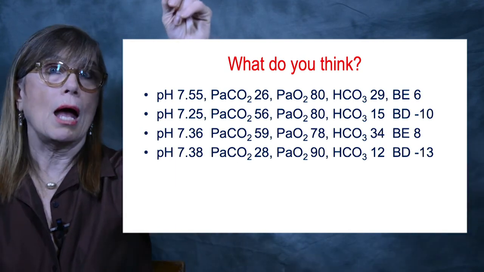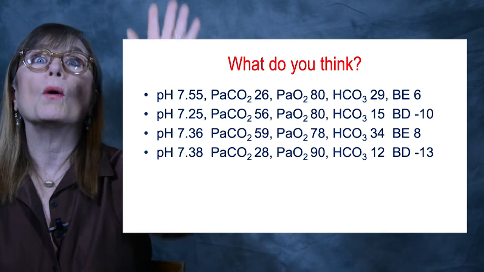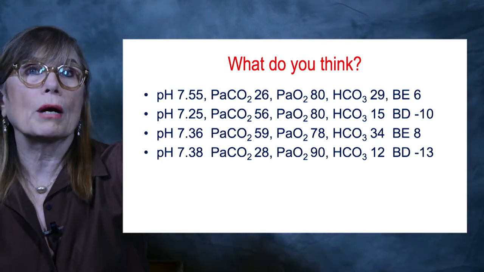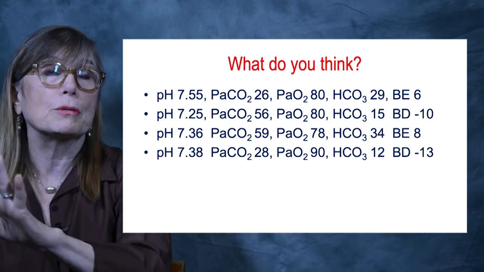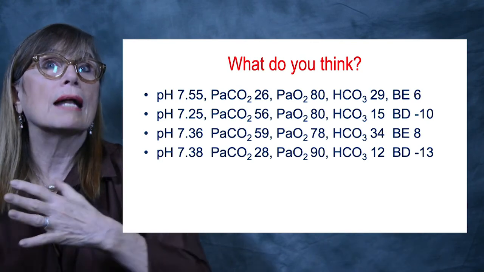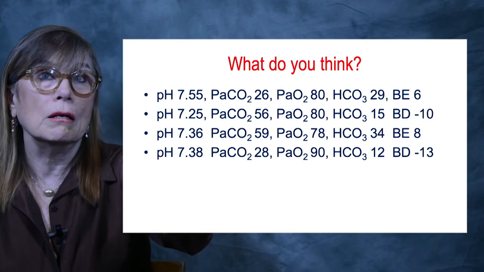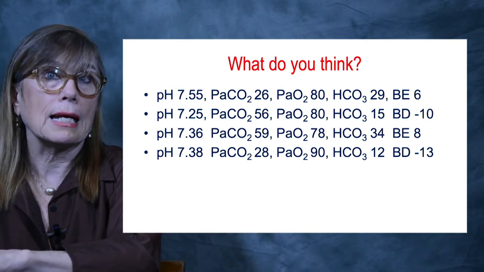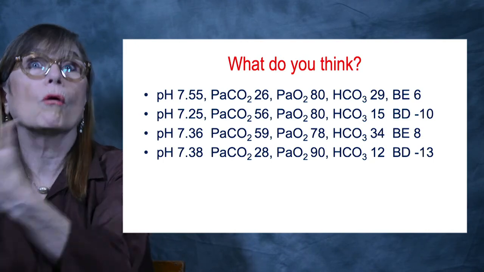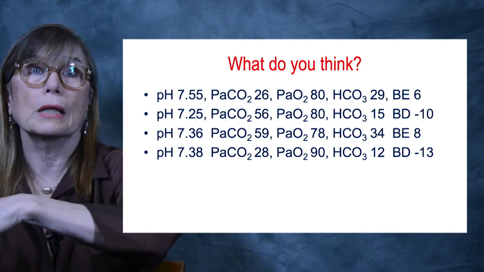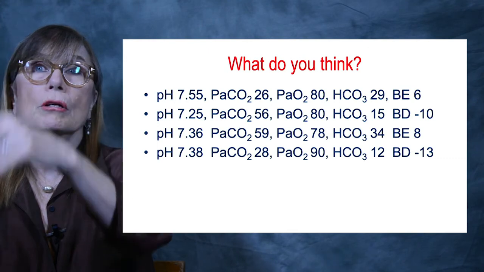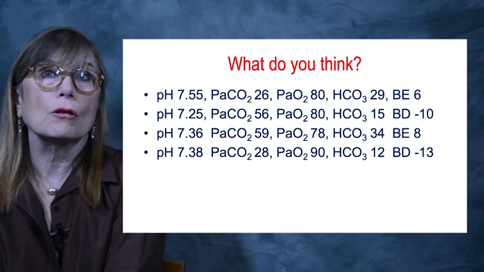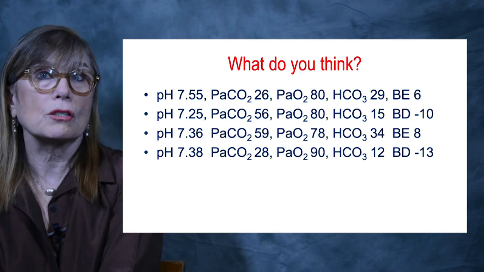CO2 is up and outside of range, so you absolutely have respiratory acidosis, but your pH is in the range of normal, which tells you that you absolutely have compensation. And if the problem is ventilation, then the only compensation that can occur is the kidney. And we look at the metabolic side related to the kidney. Bicarb is 34, base is positive 8. You have compensated or chronic respiratory acidosis.